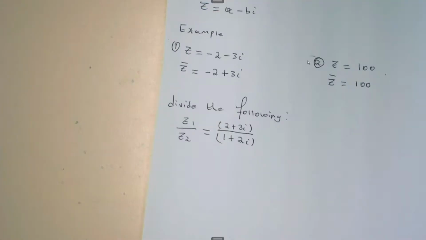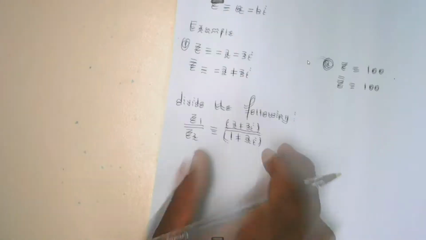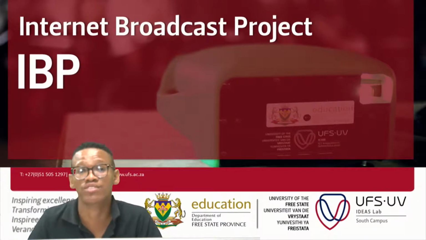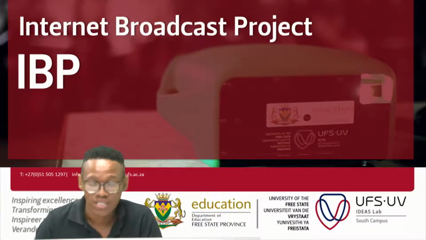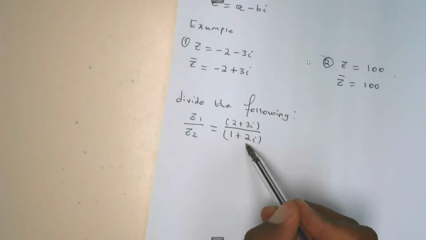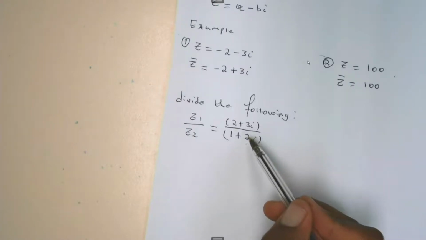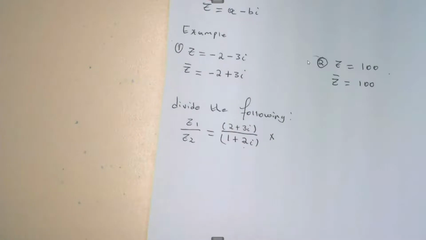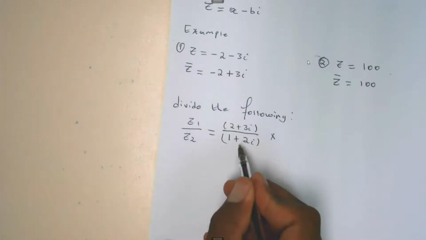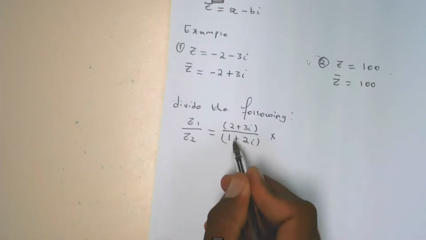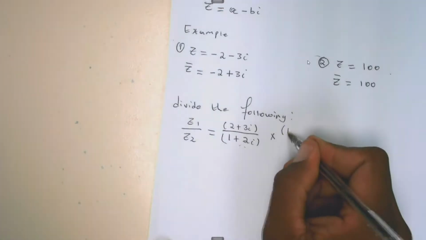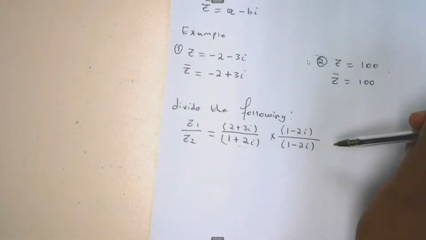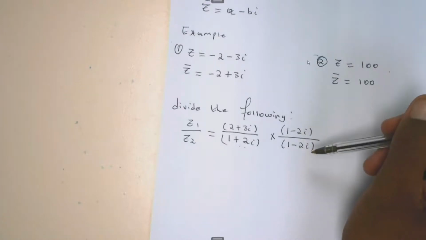Now, when we have to divide this, the most important thing you have to understand is we have to multiply by 1, which is the fraction of the conjugate of the denominator. Now, this is our denominator here. We are going to multiply everything by the conjugate of this denominator. Remember, we change only the sign of the imaginary part. So we are going to multiply by 1 minus 2i divided by 1 minus 2i. When I said we multiply by 1, I meant this. This divided by this is 1, and is the conjugate of the denominator.